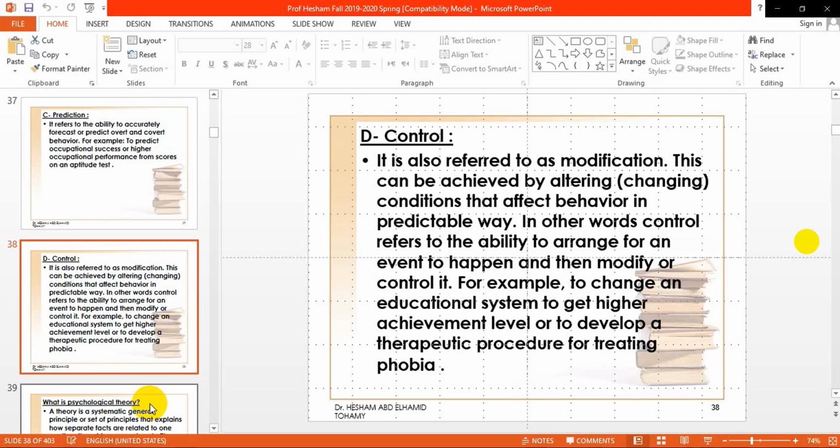I'm changing myself to change your understanding of the material or the curriculum. Or in therapeutic procedures, therapy is one type of control or modification because we are trying to remove symptoms or decrease the severity of them. Okay.